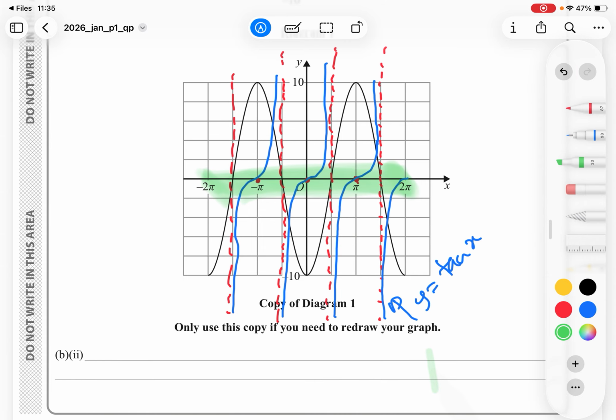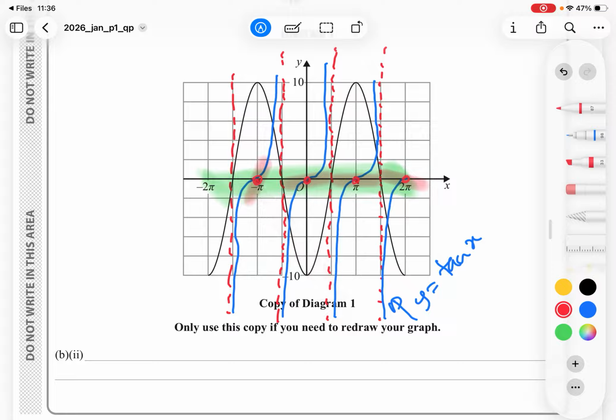We can see 1, 2, 3, 4. So these are the 4 solutions it has.